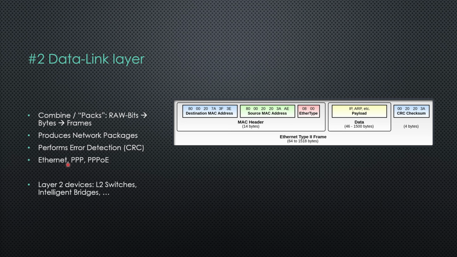Some examples for layer 2 devices are layer 2 switches, so switches that can actually operate on these frames, so it can detect the source MAC address and the destination MAC address, and can, by these two addresses, decide where the packet should go. The source is not that important, but most of the time it's inspected sometimes as well, especially if a layer 2 switch is using VLANs. We're gonna get to VLANs.